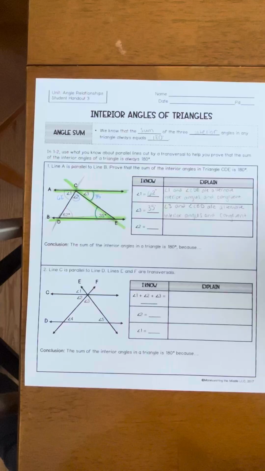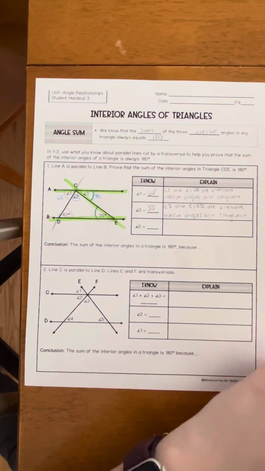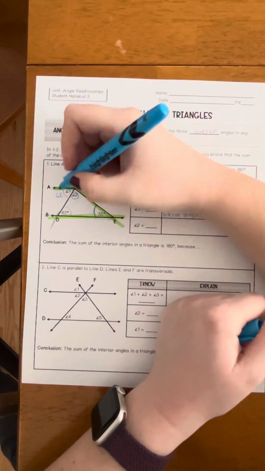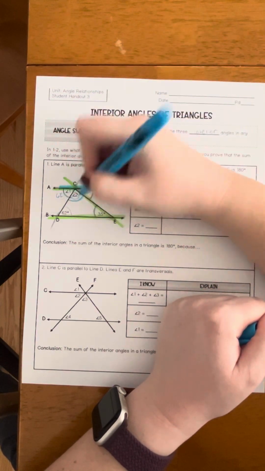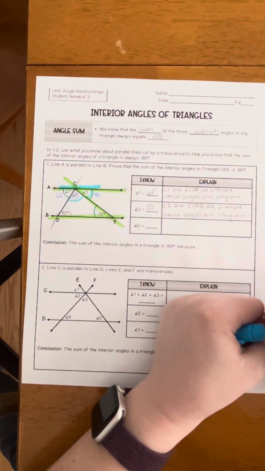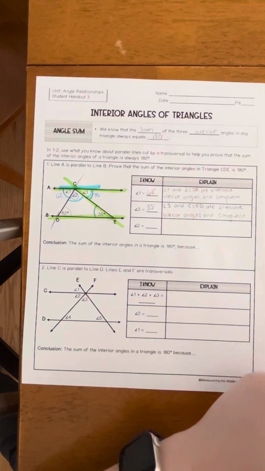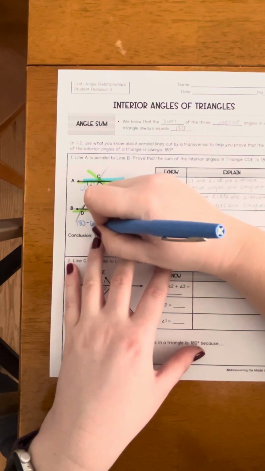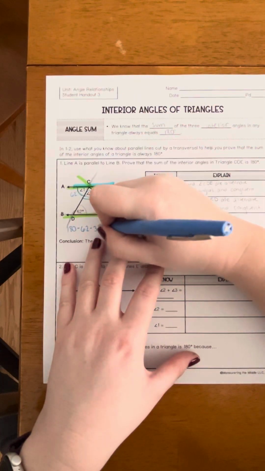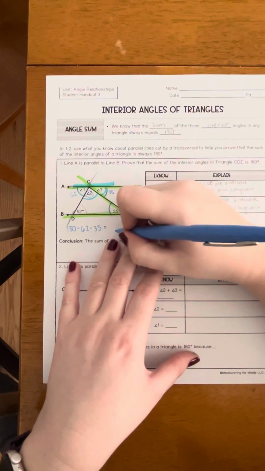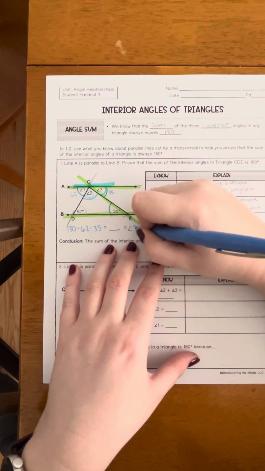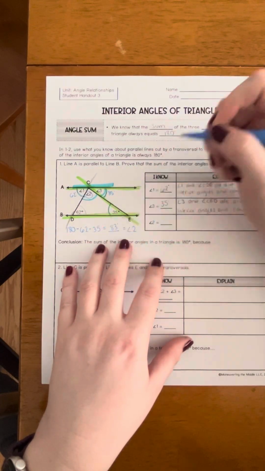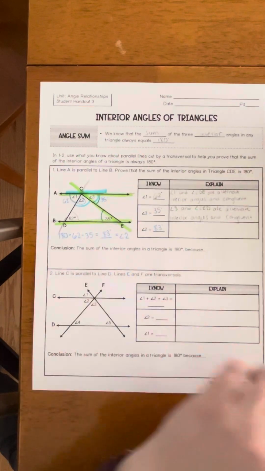So because we have a straight line right here, and that line is formed by angle 1, angle 2, and angle 3 all added up, all we have to do is 180 minus part of it, which is 62, minus another part, which is 35, and that will give us back whatever number angle 2 will be congruent to, which is 83 degrees.